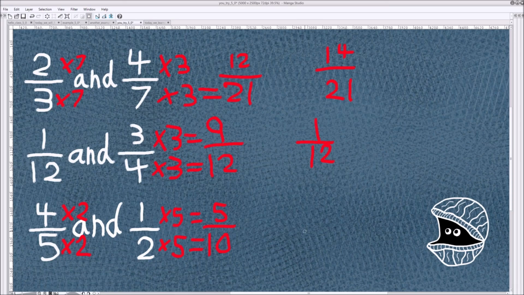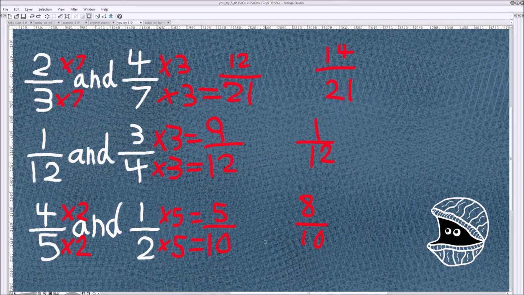So 5 times 2, 10, 4 times 2, 8. Now we have our fractions of 5/10 and 8/10 with our lowest common denominators of 10 and 10.